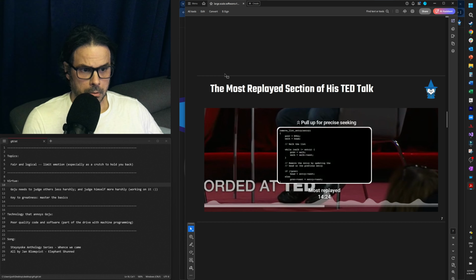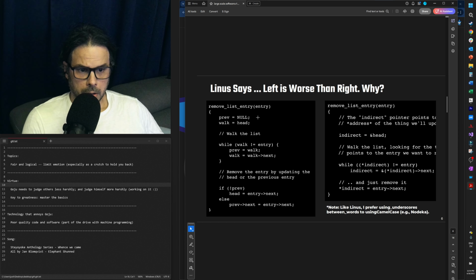Right? It's a remove operation in a linked list.